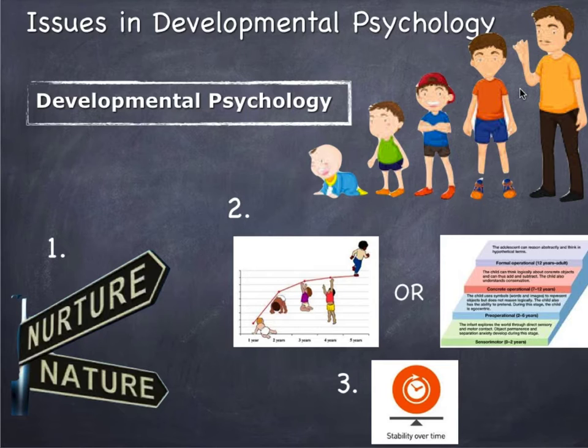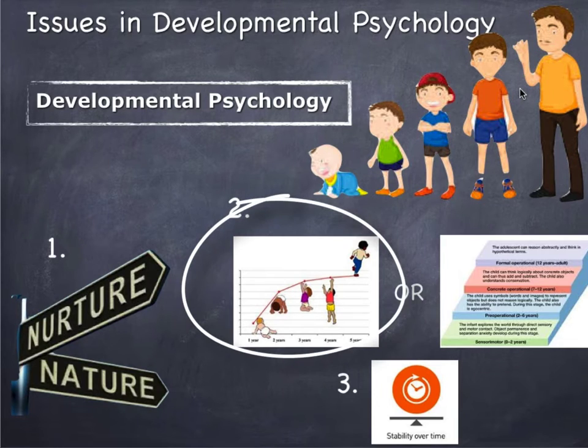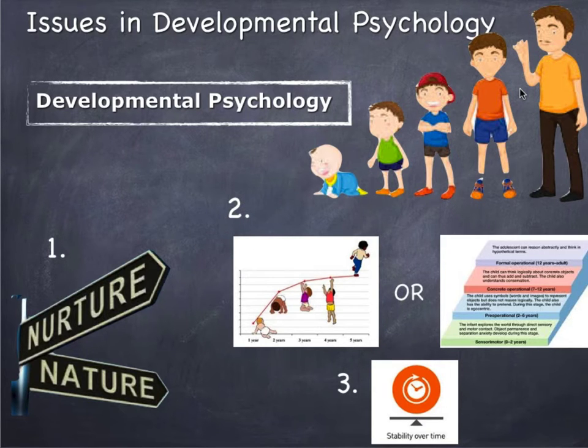When we look at development, we're looking at the starting point in terms of what role does heredity play, and what role does the environment we grow up in play? Secondly, we look at continuous development in stages. As we grow up over time, is it done in stages, or is it just a long, steady, continuous growth curve?